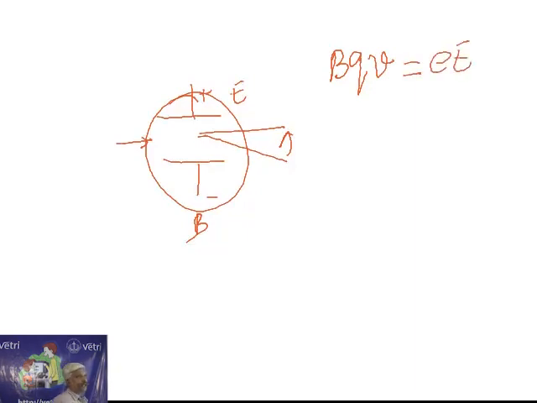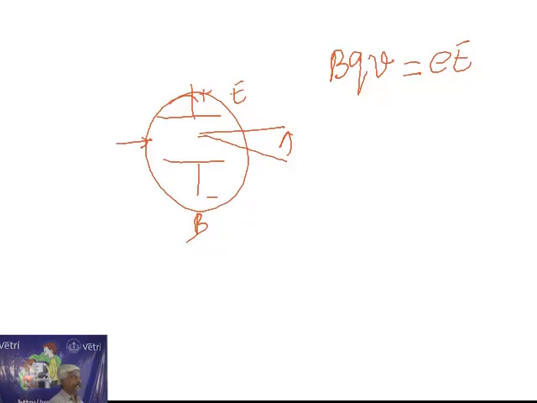The first unit you have seen: for F there are two charges, for E only one charge. Therefore E, F is equal to E into q, or E is equal to F by q.